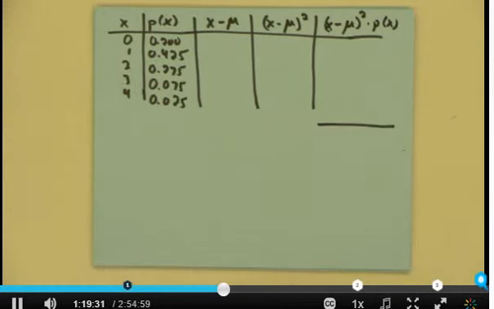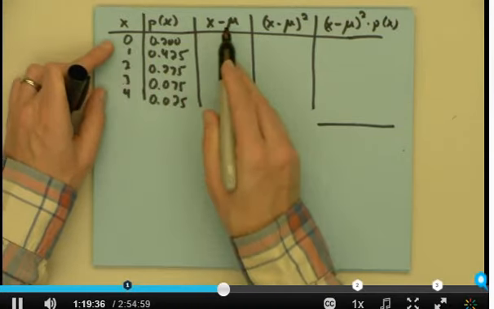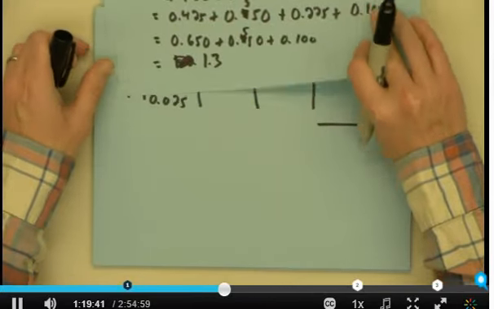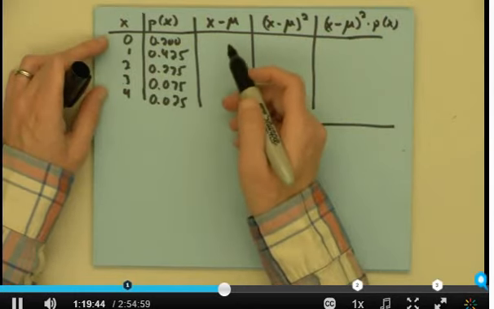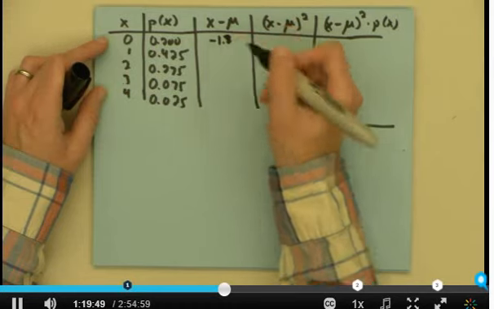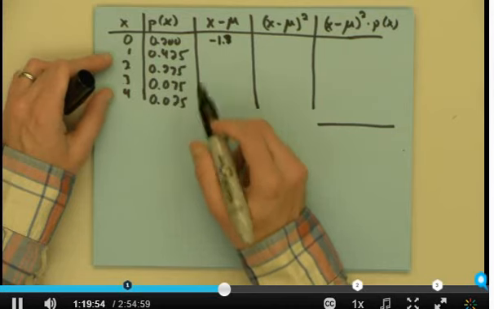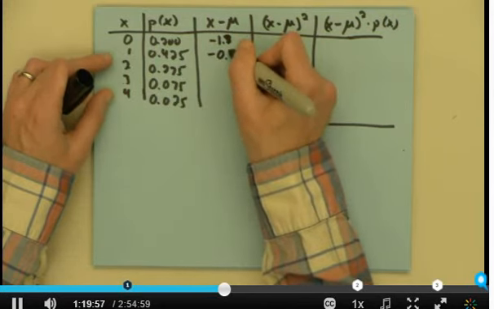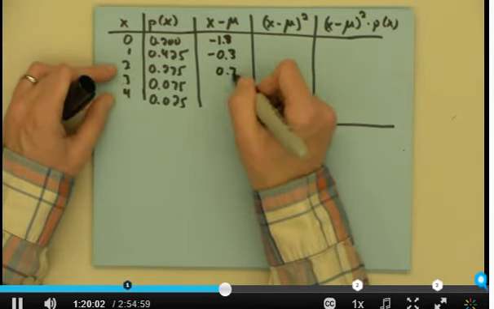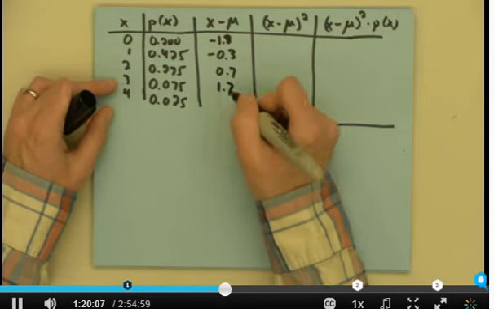Alright, so this is going to take a little work. Let's see. X is 0. The mean we just calculated was 1.3. 0 minus 1.3 is negative 1.3. Alright, 1 minus 1.3 is negative 0.3. 2 minus 1.3 is 0.7. 3 minus 1.3 is 1.7.